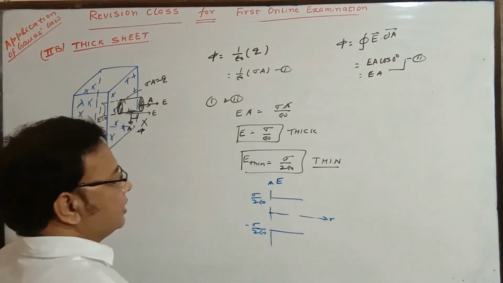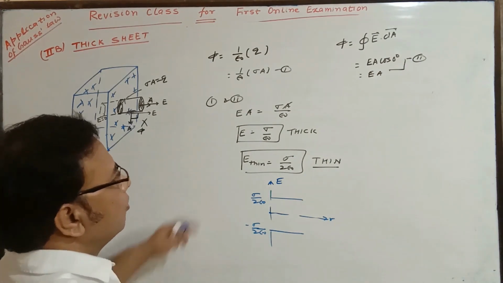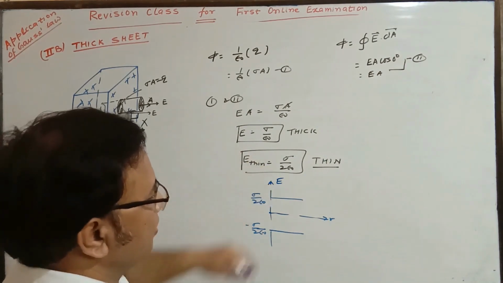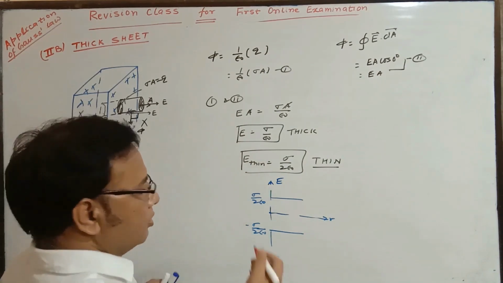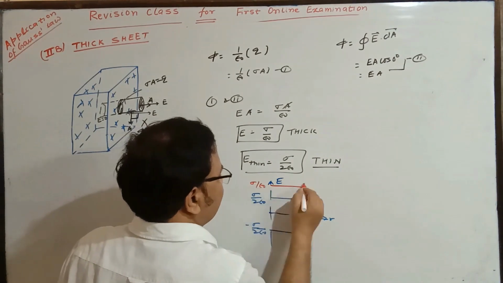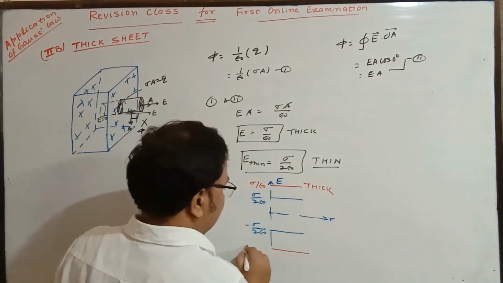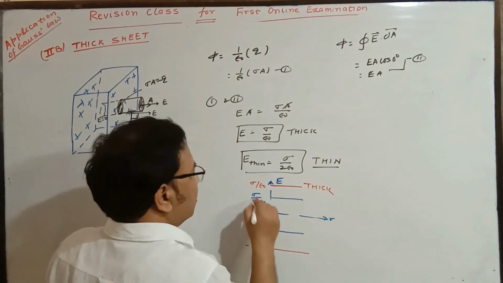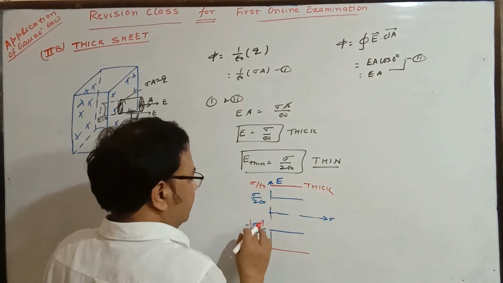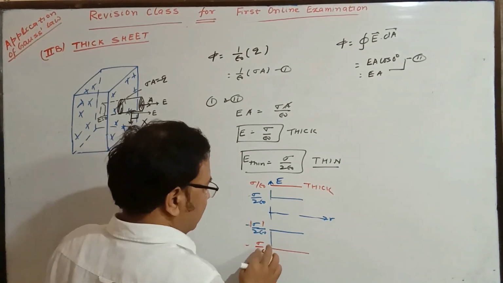For a thick sheet, it is just double of this, the thin sheet. So double of this means it is somewhere here. This is sigma by epsilon naught for thick, and this is minus sigma by epsilon naught.